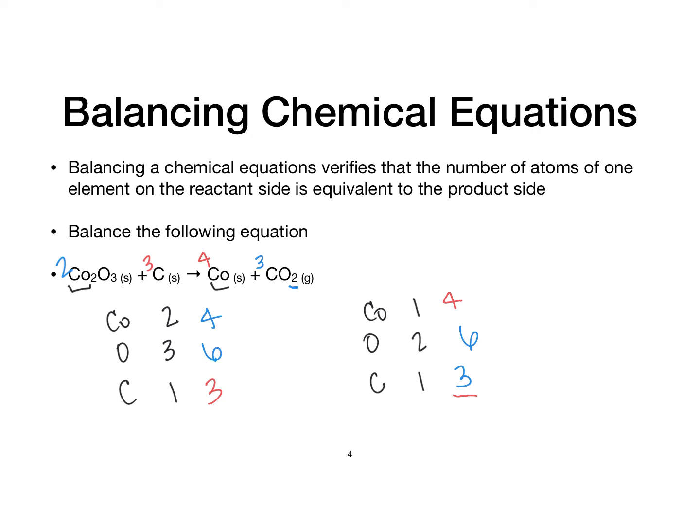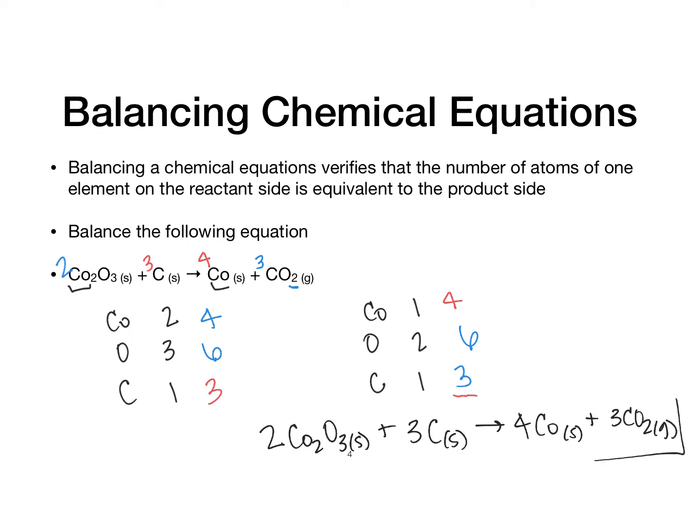Then we rewrite, including the states, our balanced chemical equation, which is 2 Co2O3 solid plus 3 carbon solid, and that's going to give us 4 cobalt atoms as a solid plus 3 CO2 gas. And so this would be our final balanced chemical equation.